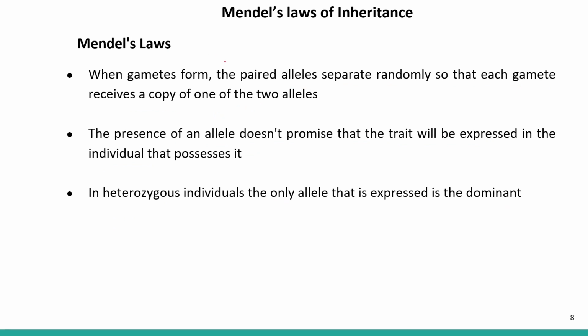When gametes form, the paired alleles separate randomly so that each gamete receives a copy of one of the 2 alleles. So what happens at the time of formation of gametes? Suppose this is capital T, small t. So at the time of gamete formation, capital T will move to one gamete and small t will move to another gamete, right?